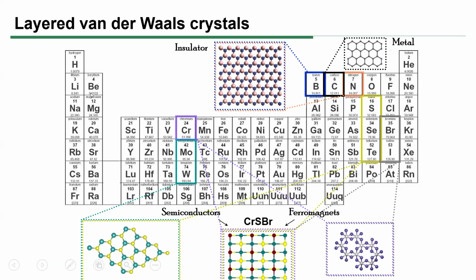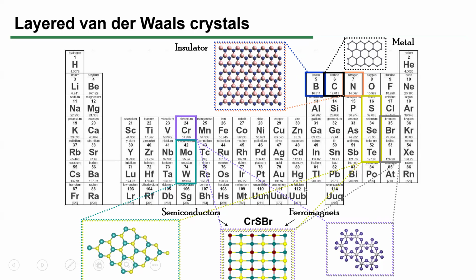Okay, good. I will very fast introduce layered materials. We know that quite famous now is graphene. We can take not only graphene, but we can use transition metal dichalcogenides as semiconductors. We can use hBN as an insulator.